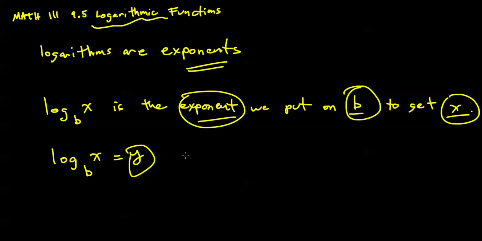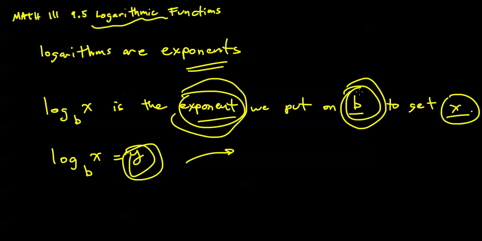And I can rewrite this equation. Well, if y is the exponent we put on b to get x, then I can rewrite it like this: b to the y equals x. Alright, these equations are equivalent.